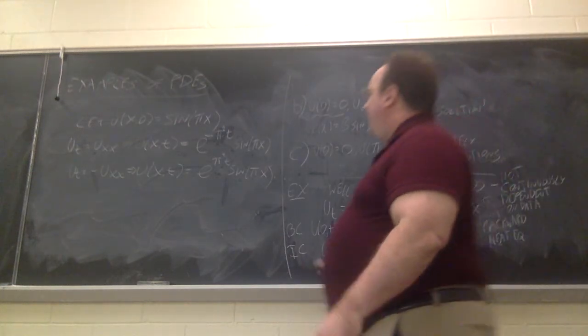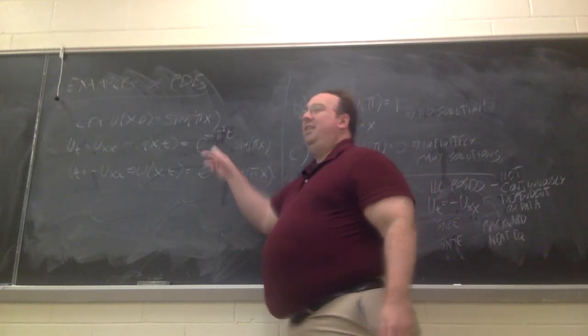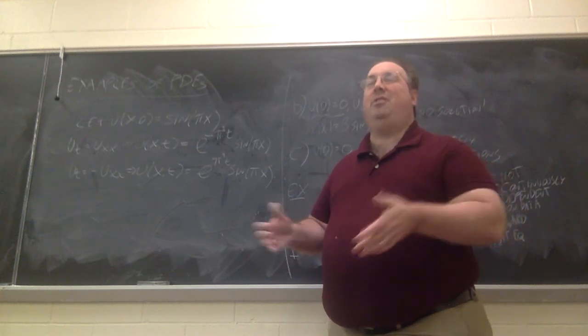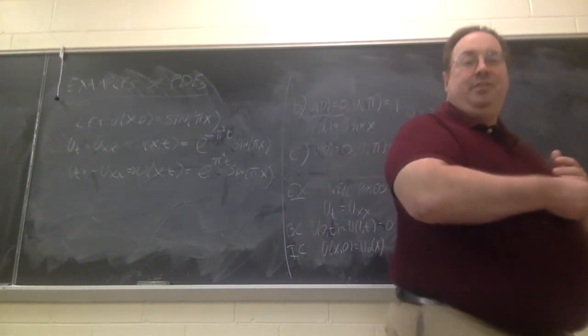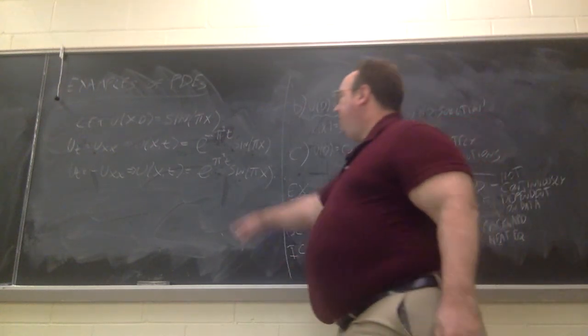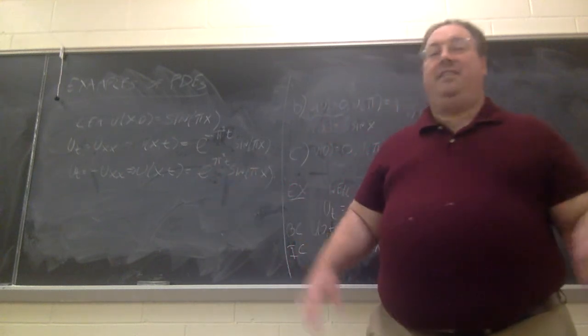Whereas any change in the data in this solution is going to have negligible impact because all the solutions are going to 0 anyway. So that's an example of failure to have continuous dependence on the data. If your solution involves exponential growth, you're out of luck.